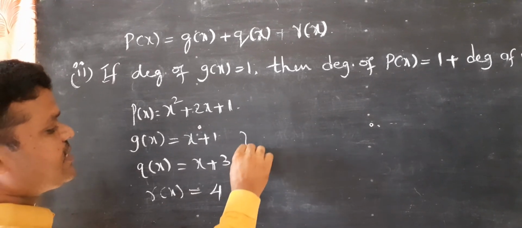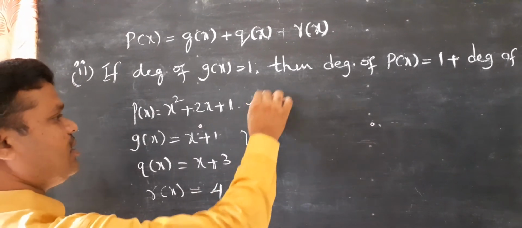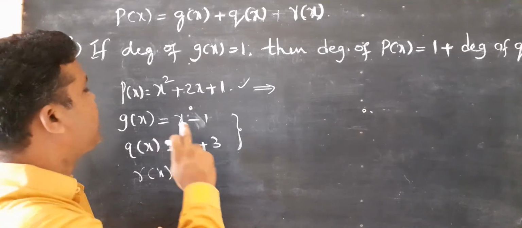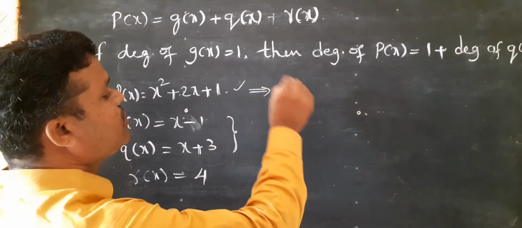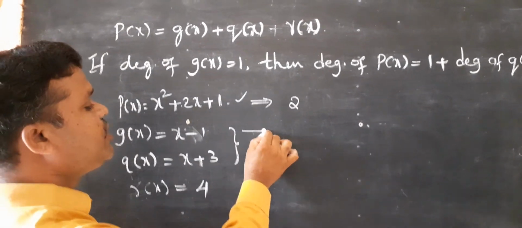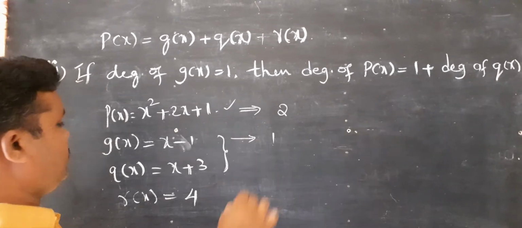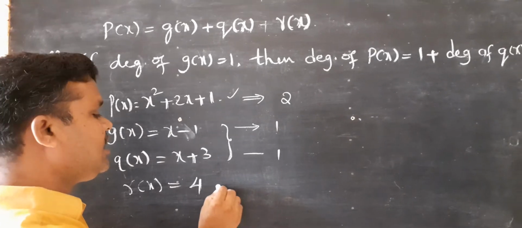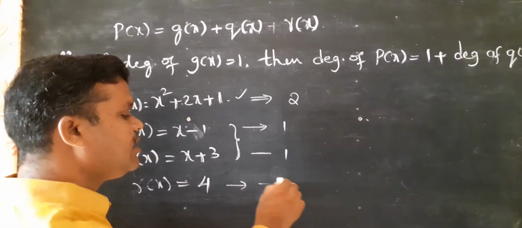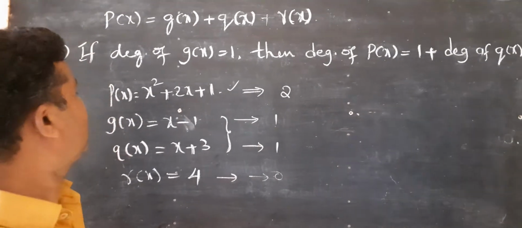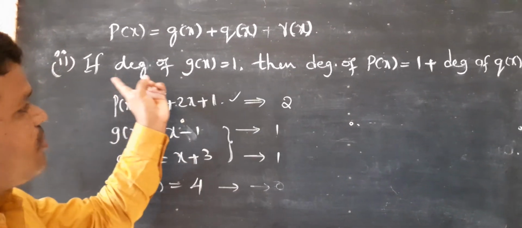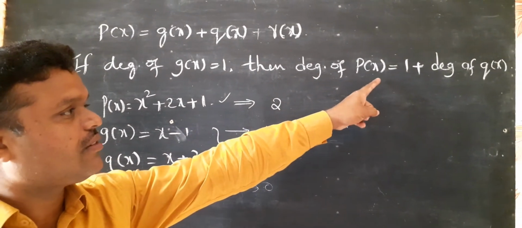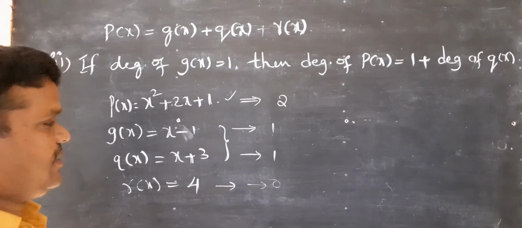See, observe these degrees. The degree of p of x is 2. The degree of g of x is 1. The degree of q of x is 1. And the degree of r of x is 0. See in this, as per the above observation, the degree of p of x is equal to 1 plus the degree of q of x.